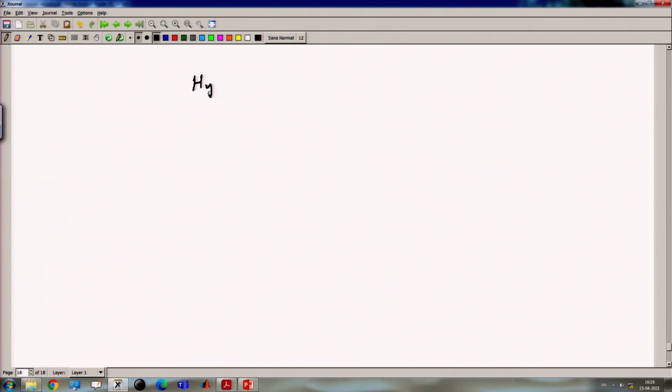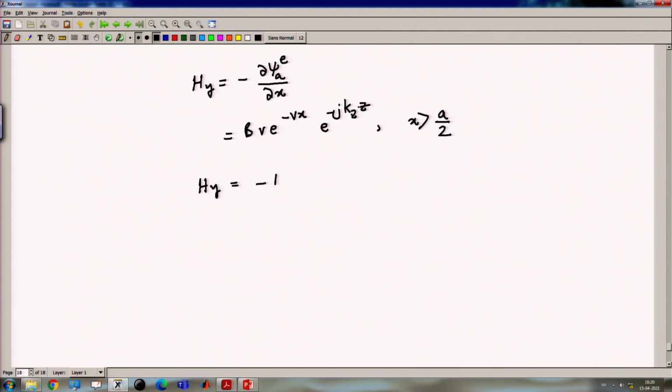So, H y is given by minus del psi a e by del x, that is equal to b v e to the power minus v x e to the power minus j k z z for x greater than a by 2, and H y equal to minus b v e to the power v x e to the power minus j k z z for x less than minus a by 2. We call this equation 25.